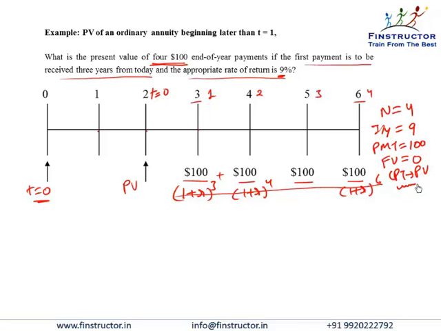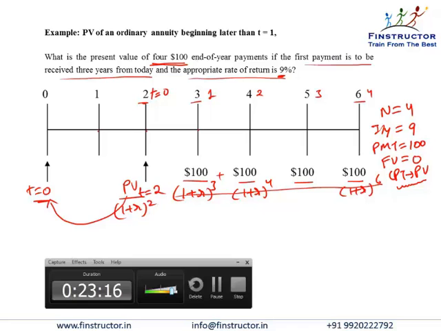Now this step, however, will not be the solution to the problem, because even though it will be the present value, it will be the value at t equal to 2. So as a next step, we would have to discount this value 2 periods back again and compute the value at t equal to 0.